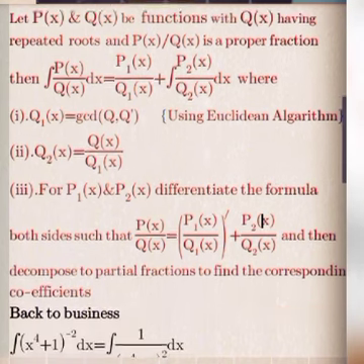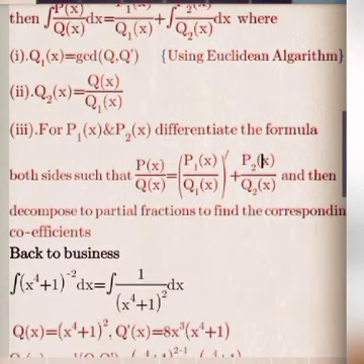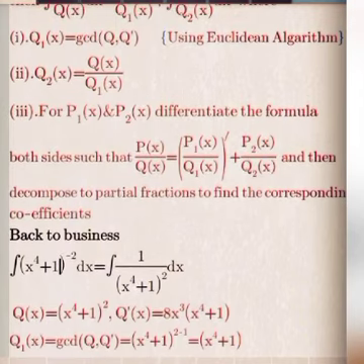Okay, now let's go back to business. That was just a recall. Now, this function here can be written like this. As the power goes down, it becomes positive, like that. Now, this is a repeated thing because I'm seeing power 2, so it is repeating. So my Q(x) is automatically that, and when you differentiate it, you get it.